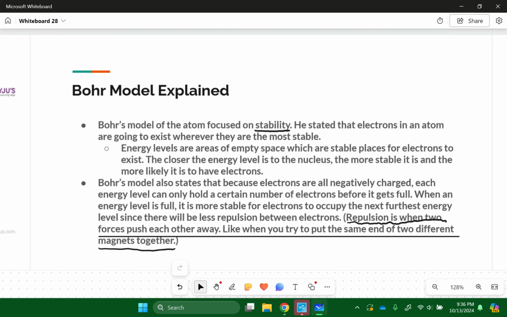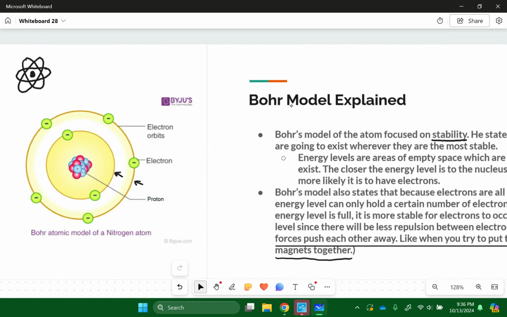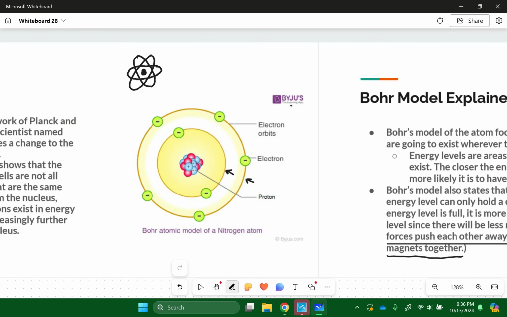So Bohr says that electrons are going to try to fill up energy levels that are as close to the nucleus as they can find. But each energy level can only hold a certain number of electrons. Because all the electrons are negatively charged, they're constantly trying to push each other away.